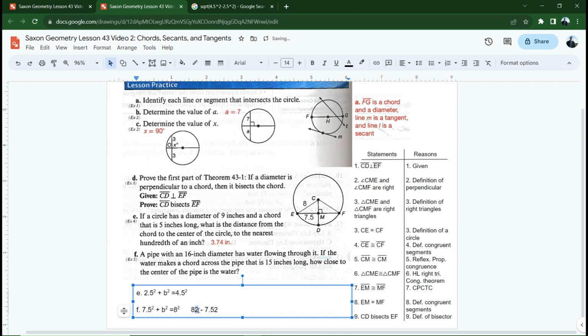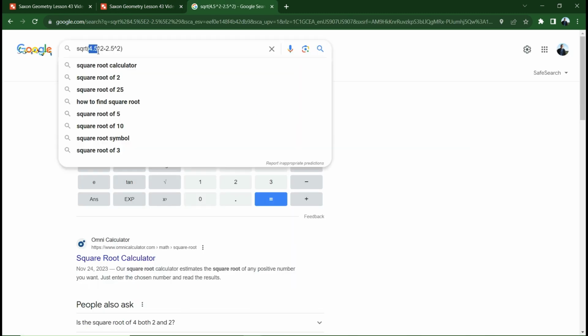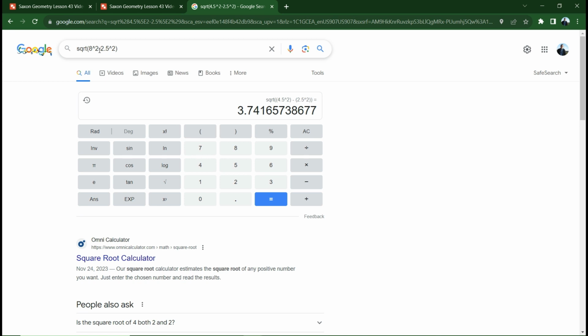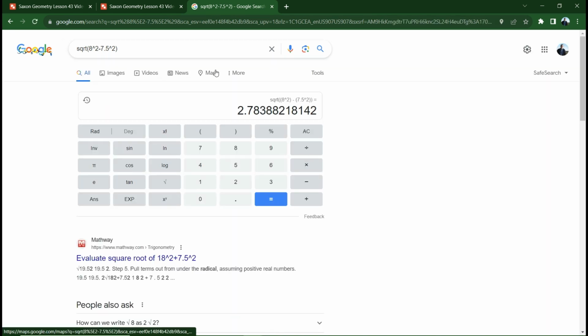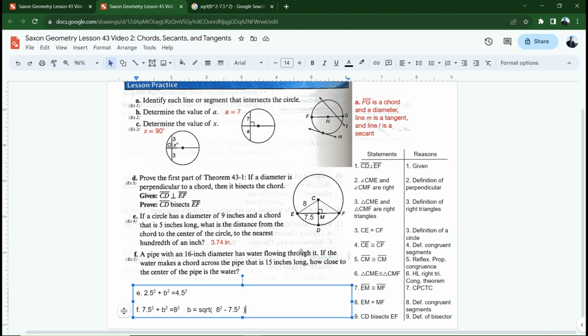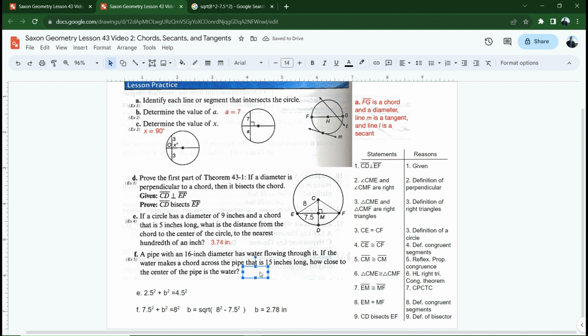And then I need to find the square root of that to figure out what side b is. So b equals the square root of 8 squared minus 7.5 squared. Let's plug that in. 8 squared minus 7.5 squared gives me 2.78 inches. And let's see if we got this one right.